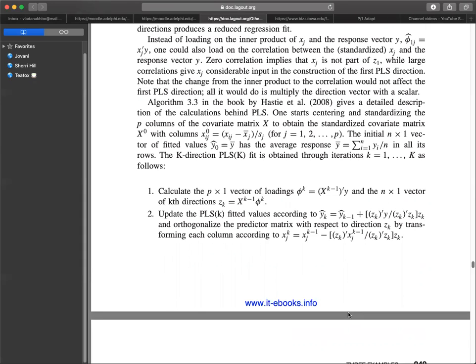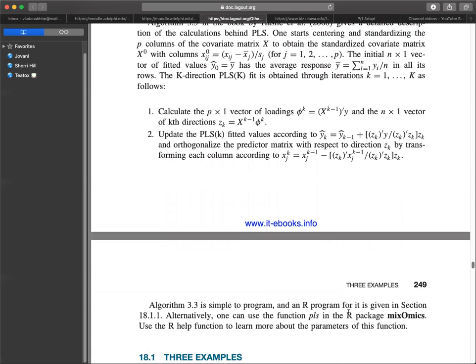The k-direction PLS fit is obtained through iterations k equals 1 through big K as follows. We calculate the p by 1 vector of loadings theta k equals X^(k-1) prime Y, and the n by 1 vector of the k-th direction Zk equals X^(k-1) times theta k.